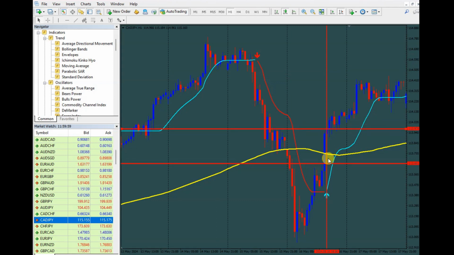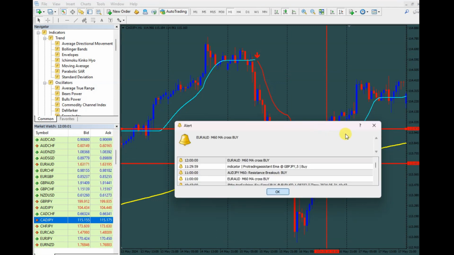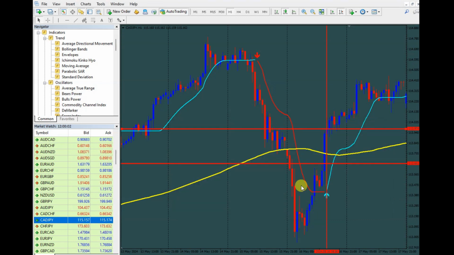At this point here, we open a buy signal because our condition is met. Remember, our stop loss is at the swing low.